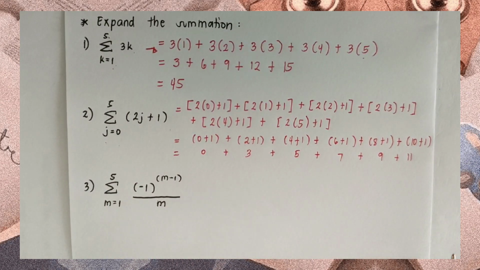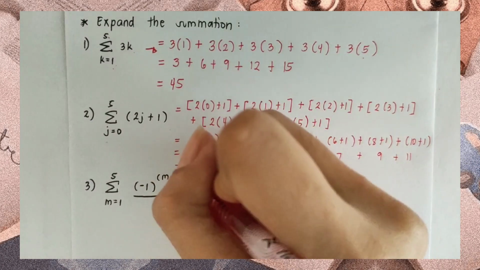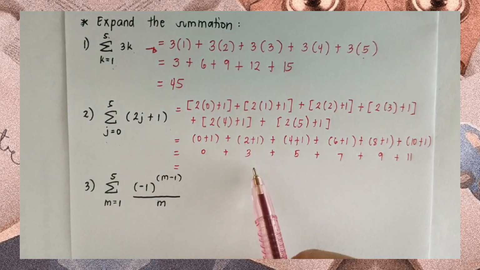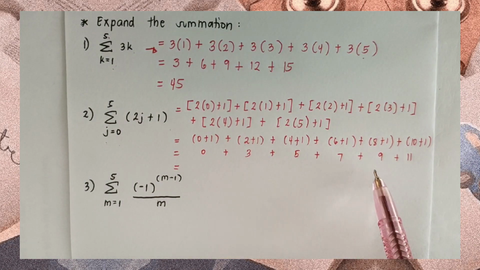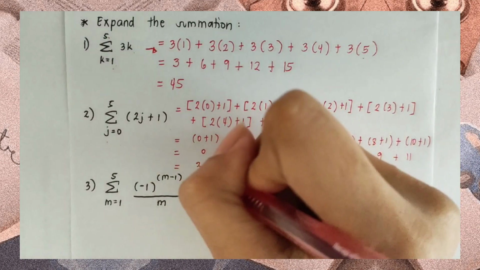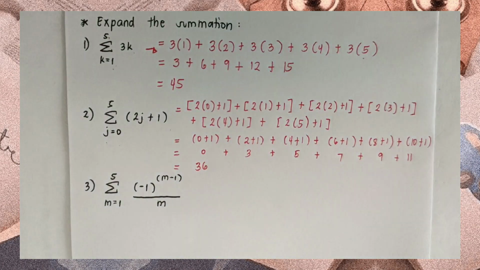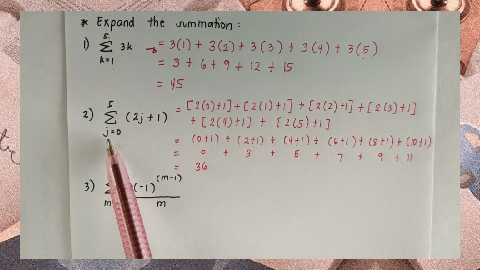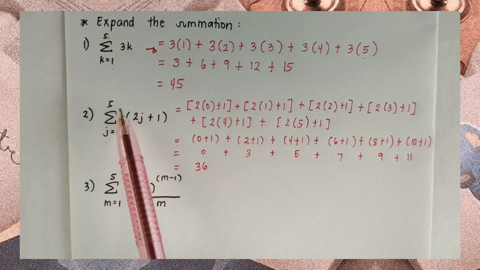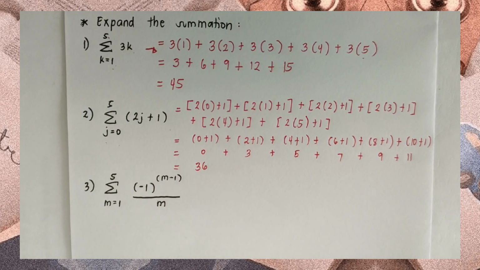Again, if you were asked to get the sum, we will just add the following. And it will give us 1 plus 3 plus 5 plus 7 plus 9 plus 11 is 36. So the summation of 2j plus 1 from j equals 0 to 5 is equal to 36. That is for number 2.